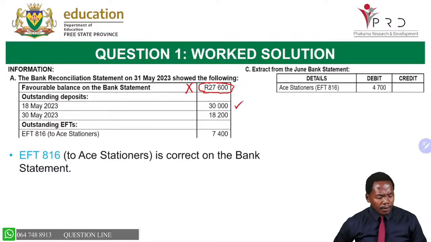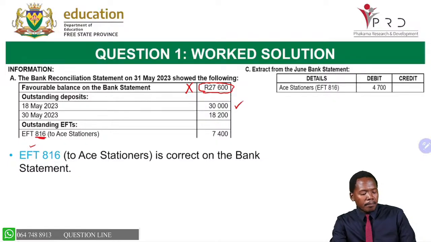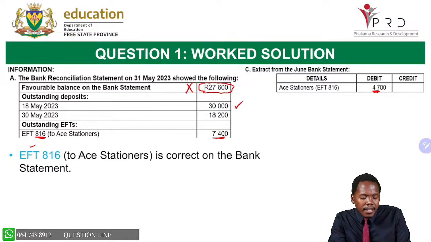This one says EFT 816 to ACE Stationers is correct on the bank statement. Let us look at that EFT. We have it here as 7,400, and we also have it on our bank statement as 4,700.